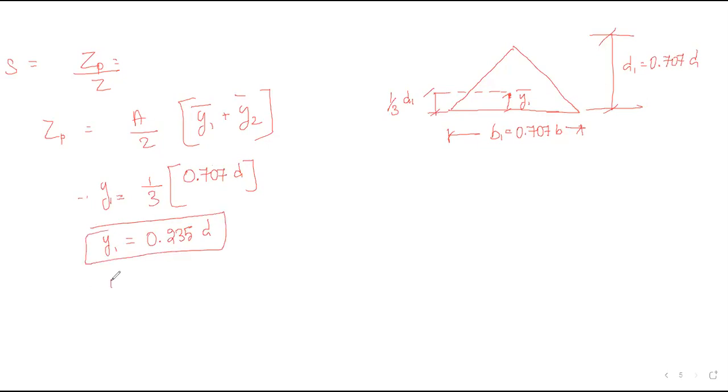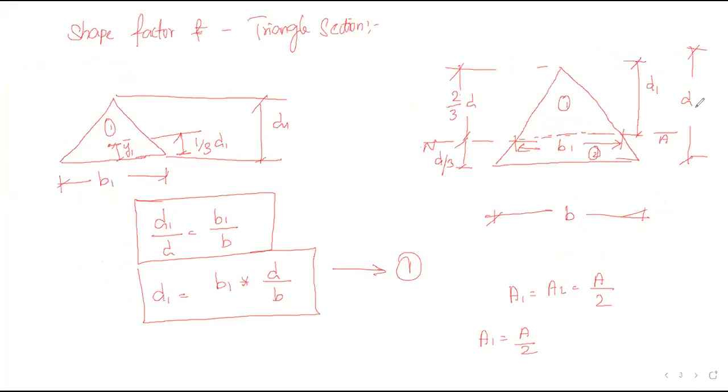Okay, next to Y2. So Y2, the remaining area, it is like this. So this portion is nothing but D minus D1, since the total height I have taken as D, and from the neutral axis the above portion we have denoted as D1.